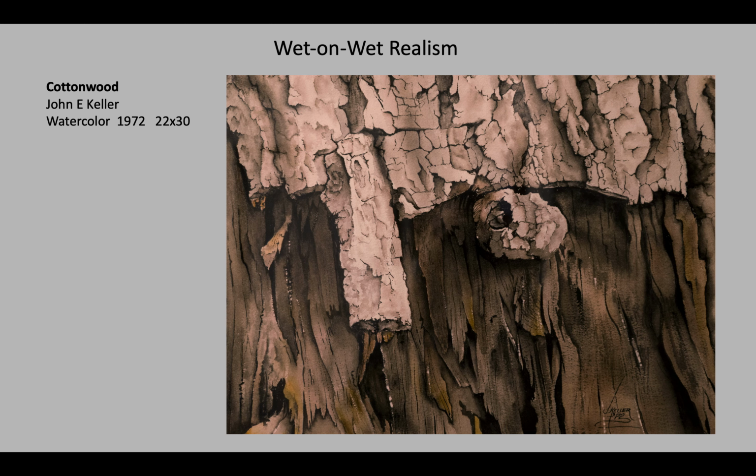There is a lot of linear work in this, line work, in the detail on the top half and the detail on the bottom half. But there's also a lot of wet on wet. The modeling, the creation of three-dimensional form is done almost exclusively by using this wet on wet technique. That's a full sheet painting, 22 by 30 inches.